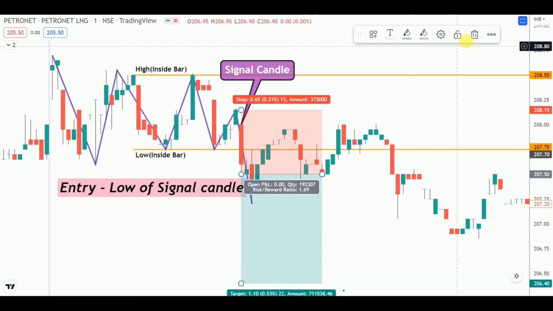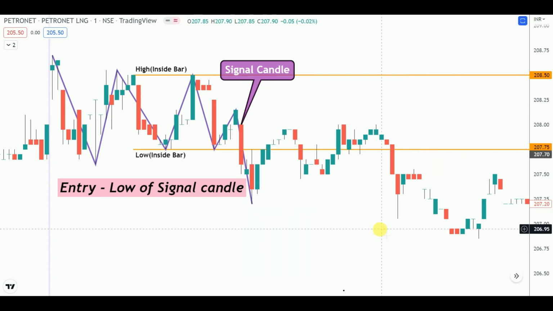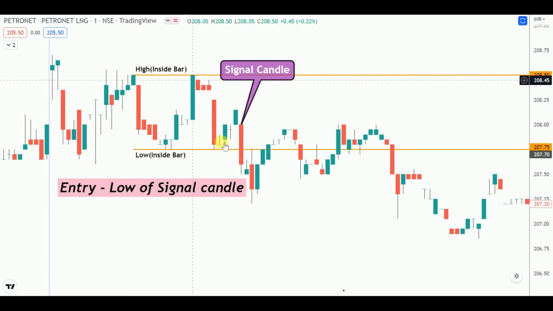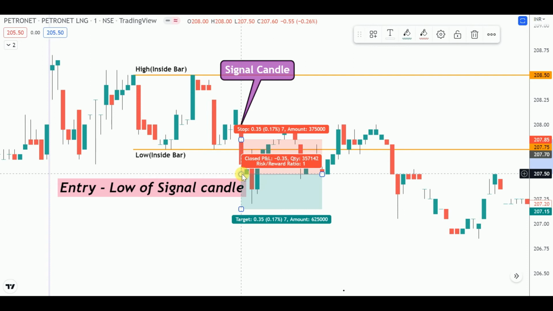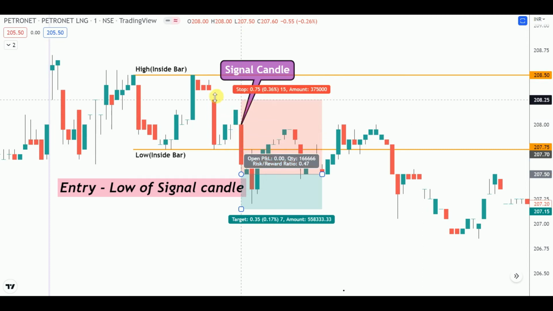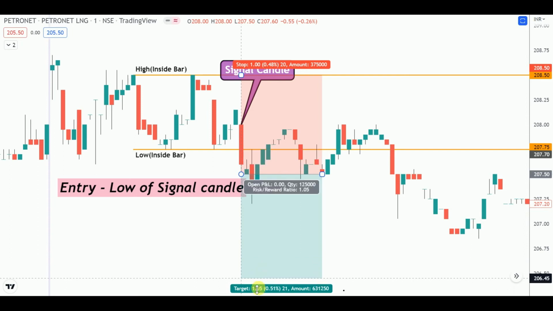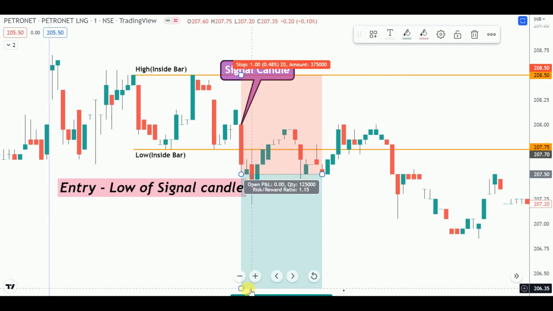The third approach to put the stop loss is, instead of marking these swings, we will enter at the low of this signal bar, and we will put our initial stop loss at the high of this inside bar, and accordingly we will manage our stop loss or risk to reward.